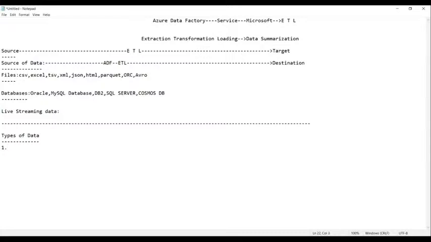The first one is called structured data. The second one is semi-structured data.